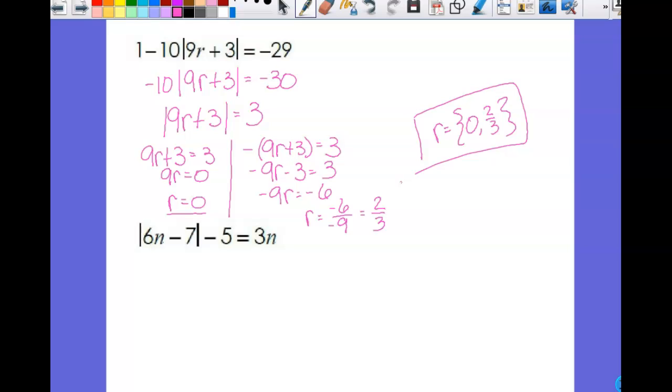You're going to negative 9r, negative 3. You have to distribute it to both. So you want that to be a minus 3. That make sense?